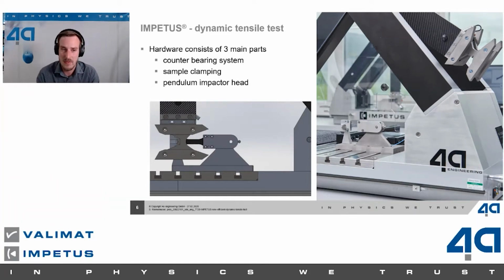This is the pendulum impact head that we have to change from the standard 3-point bending head with just 2 screws to the tensile impact head, as you can see here. And this makes the operation really simple because there are not many screws that you have to fix. It's just hanging in the test piece with the clamping system. But you will really see it in the live test afterwards.